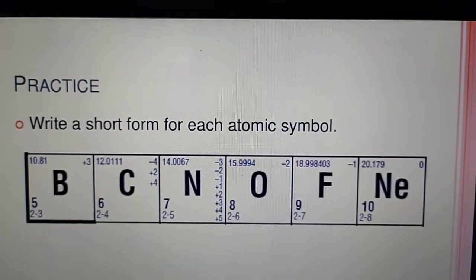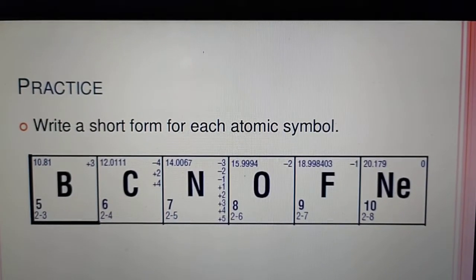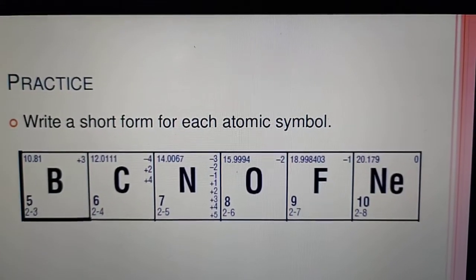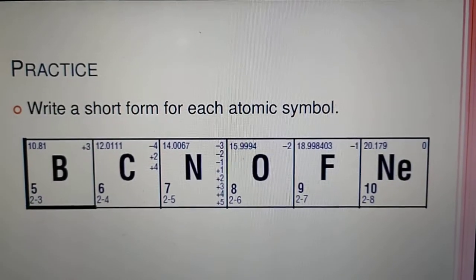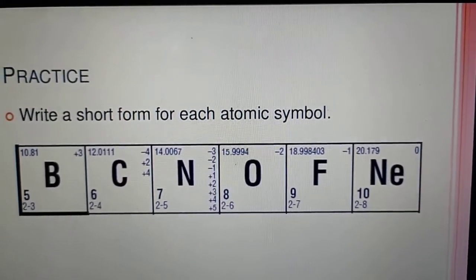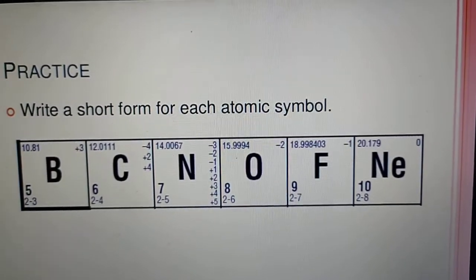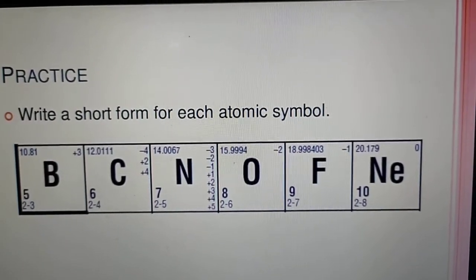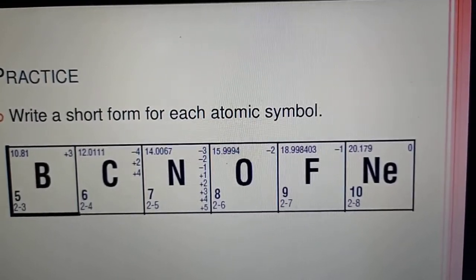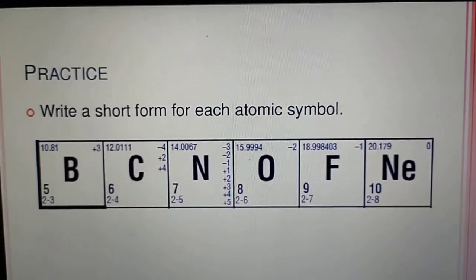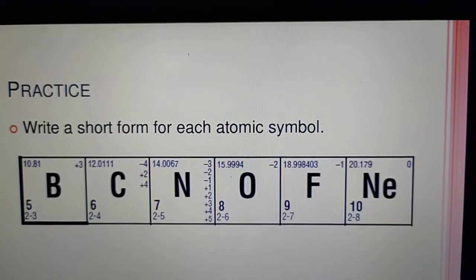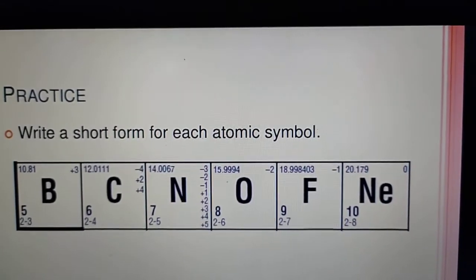Its mass is given as 10.81, and 1 Avogadro number of atoms is present in that mass of boron. Like this, C carbon, N nitrogen, O oxygen, F fluorine, Ne neon. Like this, it tells us about the name of the element.